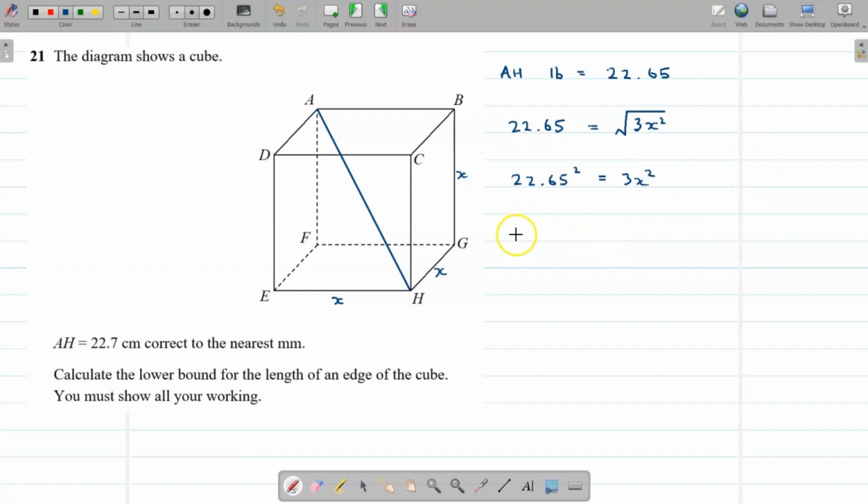So x would be 22.65 over the square root of 3.